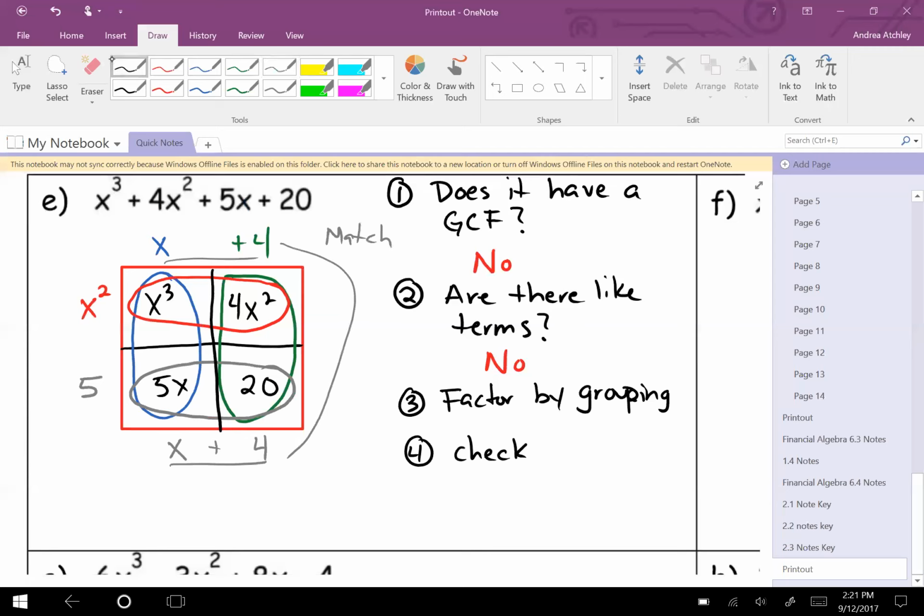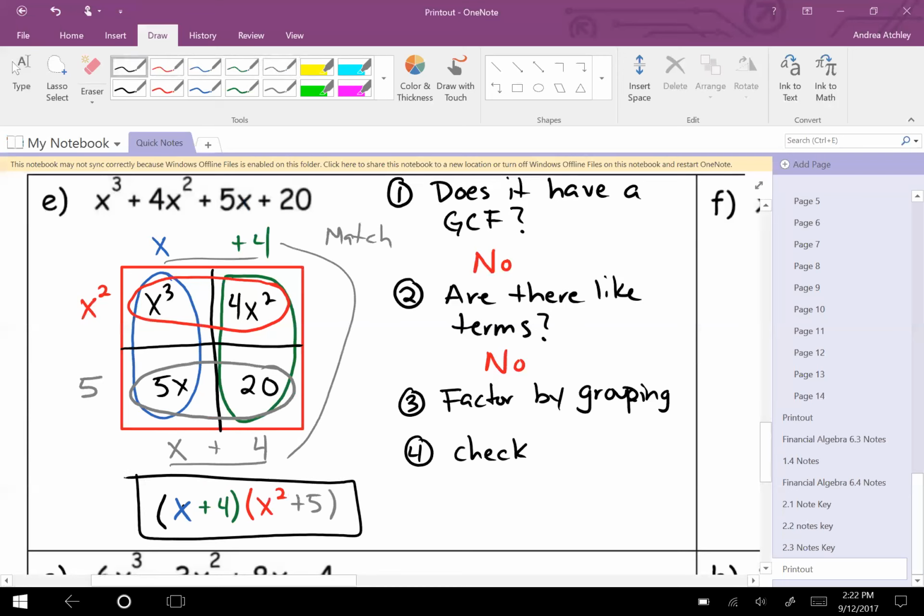So our factors, as normal, are our length and our width. So we have the x plus the 4 is one factor. And then the x squared plus the 5 is the other factor. Any questions over that?